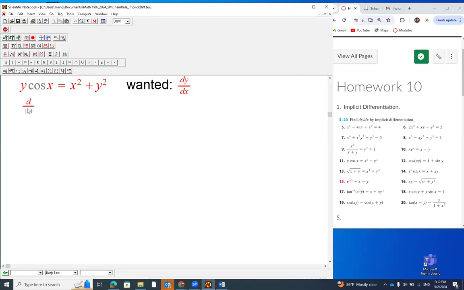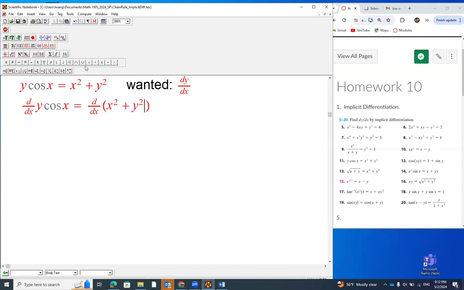Derivative with respect to x, y times cosine x. We're going to apply the product rule. On the other side, we're going to apply the sum rule of derivatives as well as the chain rule.